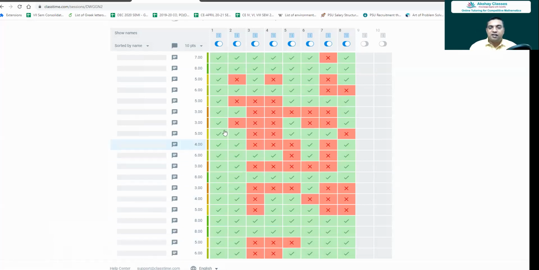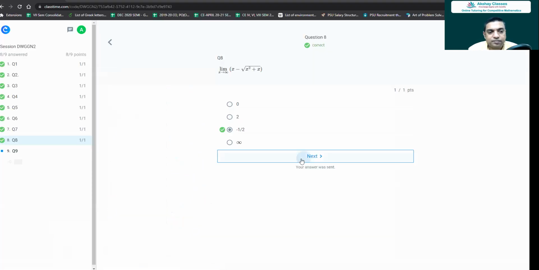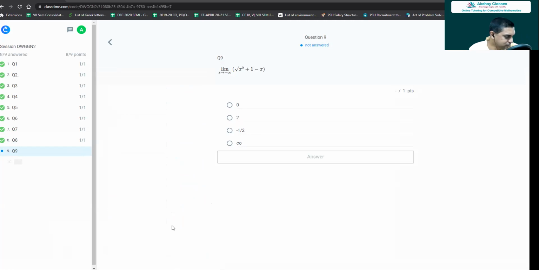So this is infinity minus infinity form. Now let us look at one more of this type, infinity minus infinity. Please check your question. Another infinity minus infinity. Now the question is x tends to minus infinity.